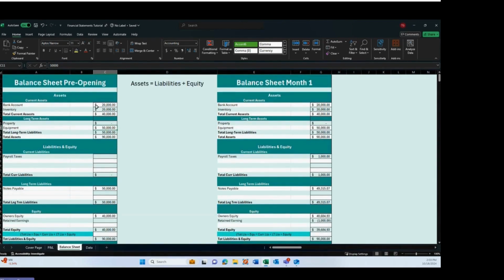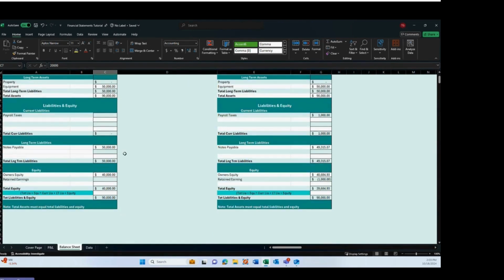Now, we also said the owner injected $40,000 of his own money into the business. And so with that $40,000, we can see that the owner has put $20,000 in the bank and he's used $20,000 on inventory. So in total assets, the company has $90,000. In total liabilities and equity, the company also has $90,000.